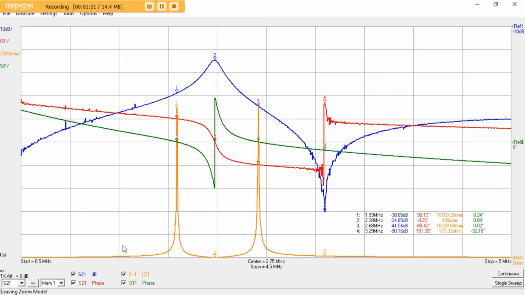The blue trace is S21, the transmission gain, and the red trace here is S21 phase. I've also got S11 on here, which with the calibration is Z11. So the magnitude of the impedance is shown here with the orange trace, and the phase of Z11 or S11 on the green trace.